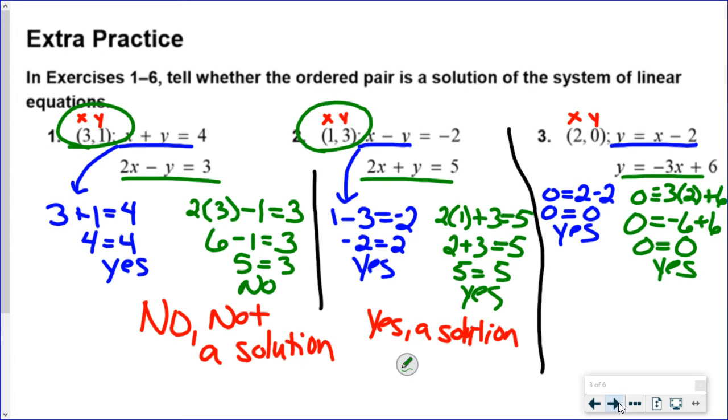That's a yes. So since that ordered pair works in both equations, yes, it is a solution. That is the solution to that system. So if both of those are yes, that point is on both lines.